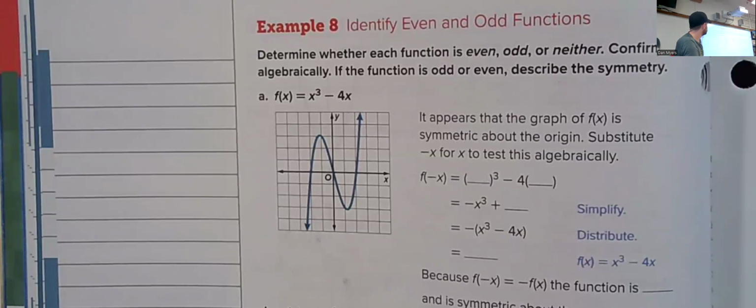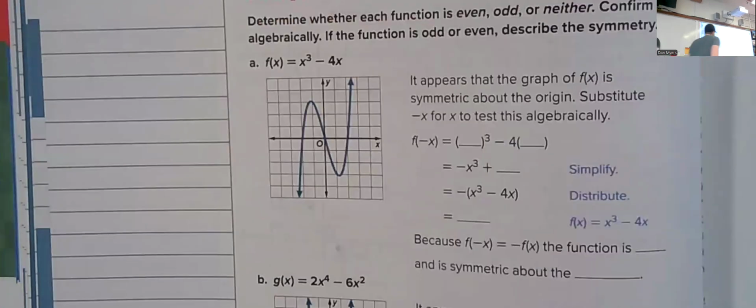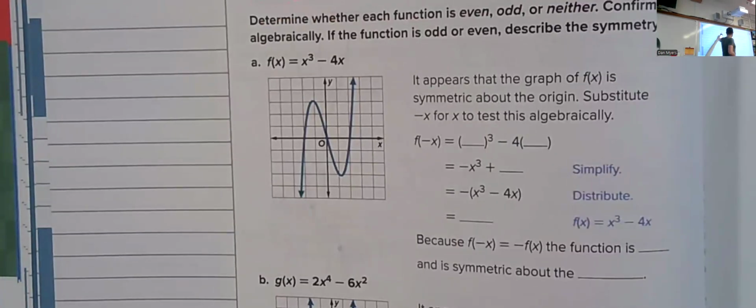So it says it appears that f of x is symmetric about the origin. Substitute opposite x for x to test this algebraically. What this means is, instead of writing f of x equals x cubed minus 4x, we're going to write f of opposite x is equal to opposite x cubed minus 4 times opposite x.